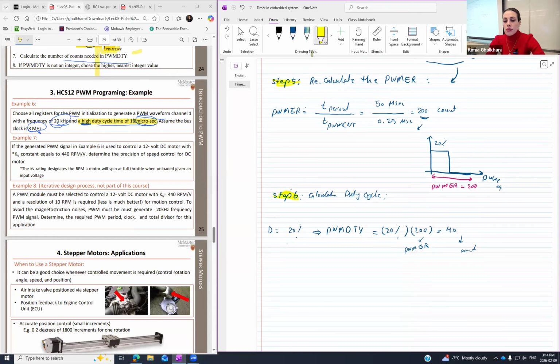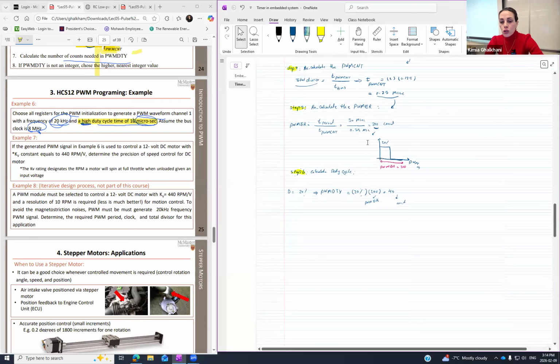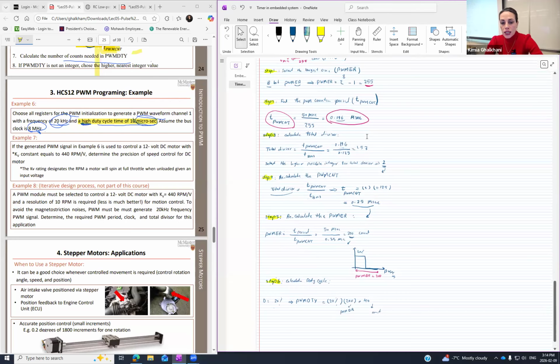So I have to always go through these 6 steps one more time. I'm gonna just minimize in case, I'm not pretty sure if I can show all of them at once, but yeah, I can. So look at here, I went through 6 steps I highlighted in order to calculate my largest PWMER, and then I calculated the PWM counter period. This is my counter period. And then I calculated my total divisor.